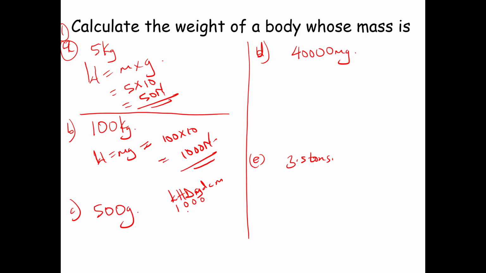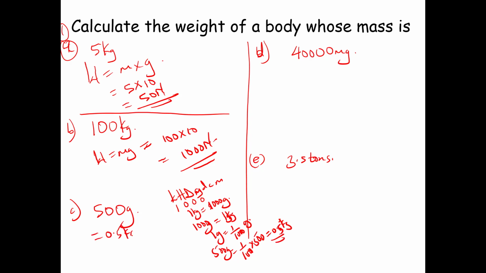So 1 kilogram is equal to 1000 grams, meaning that 1 gram is the same as 1 over 1000 kilograms. How about 500 grams? It is the same as 1 over 1000 times 500, which will give us 0.5 kilograms.